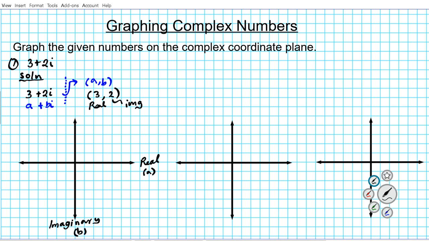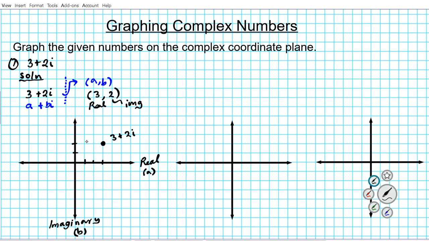So for the point 3, 2, we're going to look for 3 on the x-axis, or the real axis, 1, 2, 3. And then 2 on the imaginary axis, 1, 2, and this is where they meet right here. This is the graph of the complex number 3 plus 2i in rectangular form.